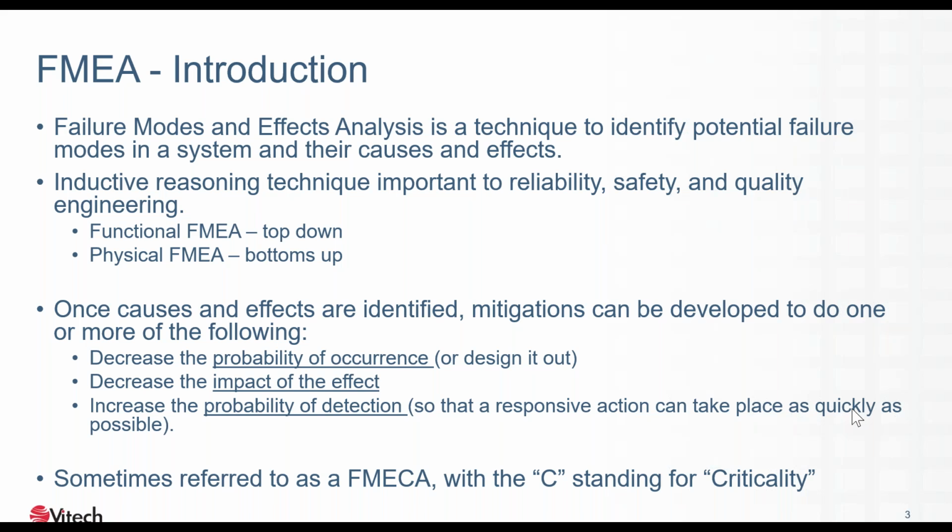You can do it as a functional FMEA, which is a top-down approach that's typically done earlier on in your project life cycle. As you're capturing requirements, as you're defining your functions and doing some functional analysis, at that point you can do a functional FMEA.